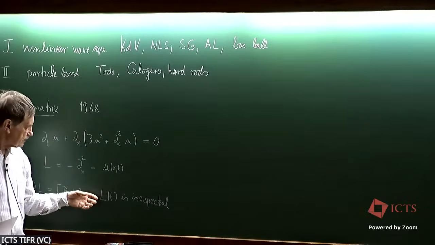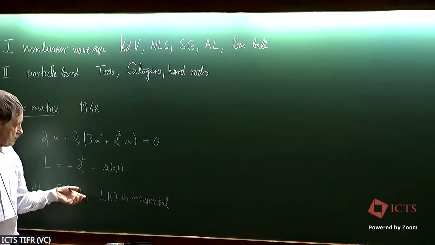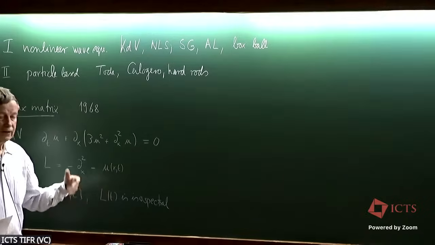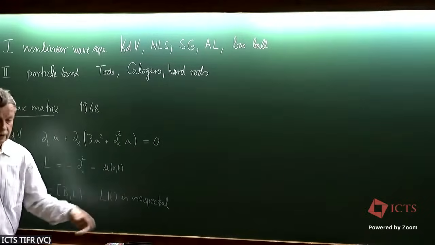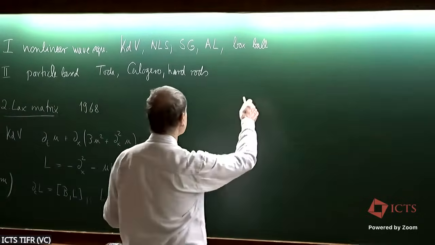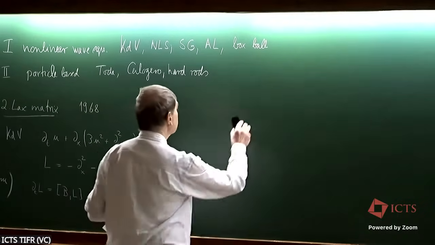When I look at this matrix at time t equals 0, it has a particular spectrum, and when I look at the same matrix at time t, it will still have the same spectrum. This is what I mean by isospectral. All right, so now let's take the next example, which is closer to what I want to explain.